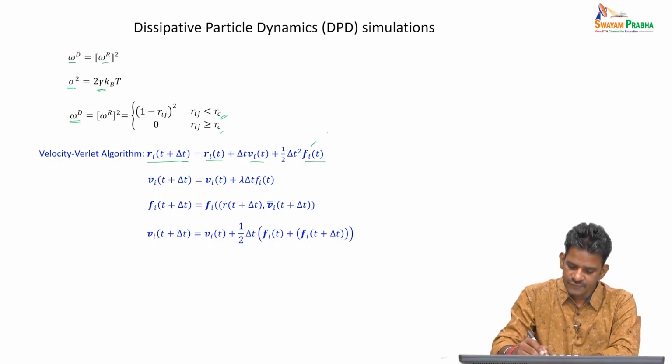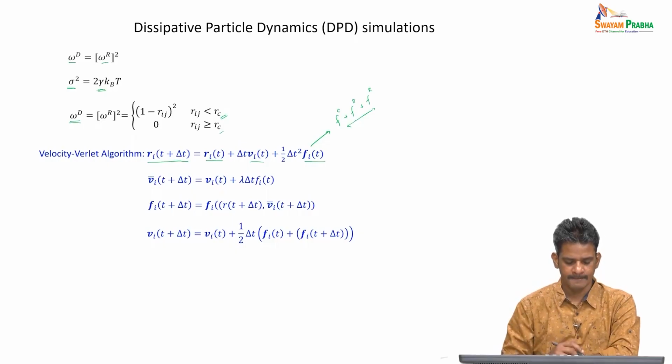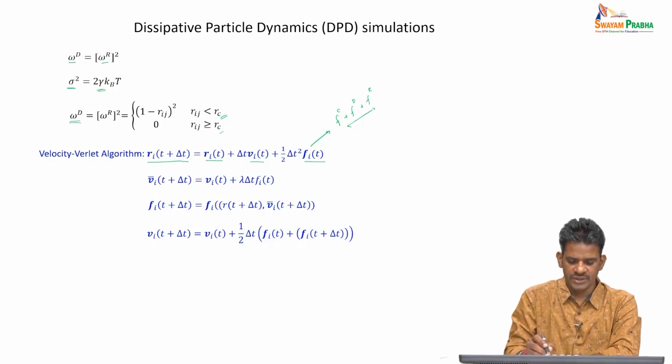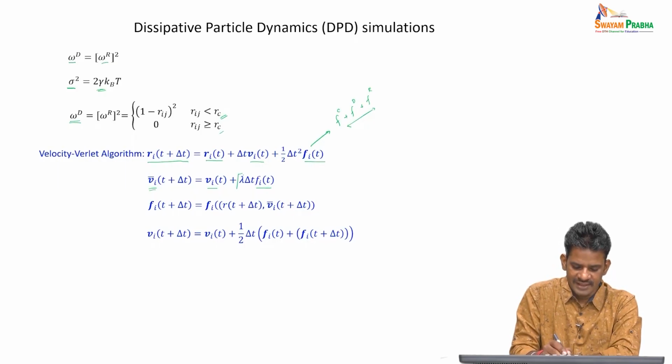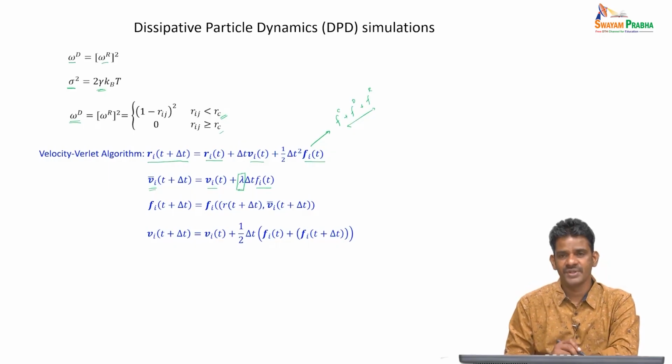And we have to remember this force is a sum of all three forces: conservative, dissipative and random force, all put together. With this, we also calculate the velocity Vi bar using the current velocity and the current force, and then a small parameter lambda is also added here, and the value of this lambda is also something one will have to fix.